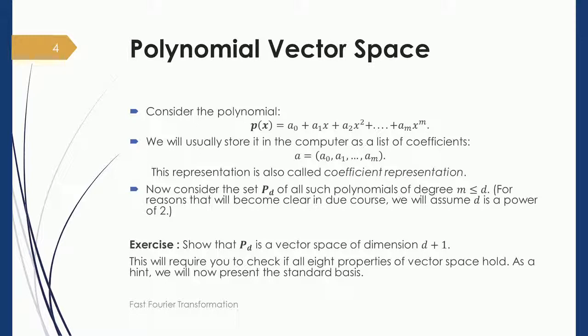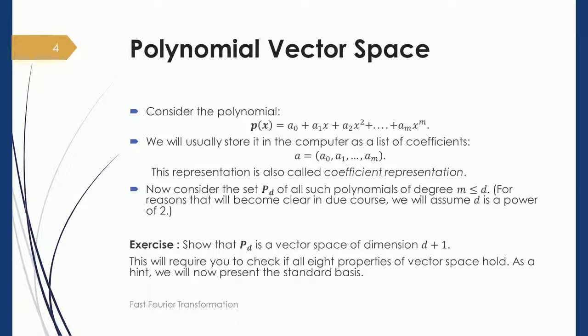And to store such a polynomial in a computer, we would just store the list of coefficients. So, the vector a equals a0, a1 and so on up to a sub m is called the coefficient representation, and this will be the form that is suitable for computer storage.